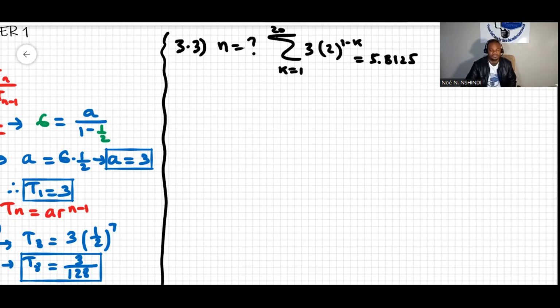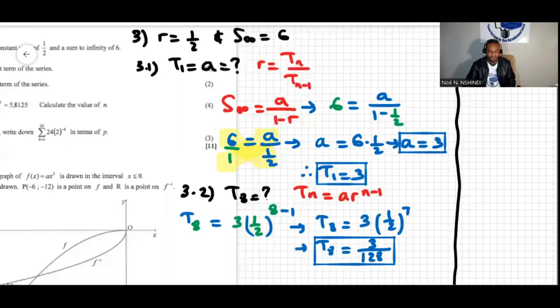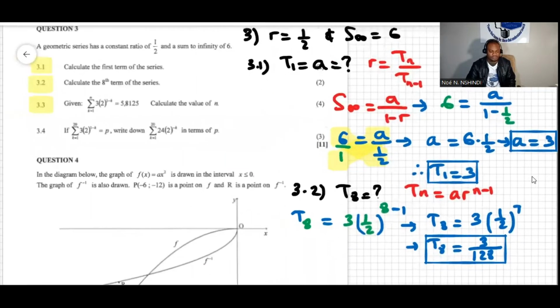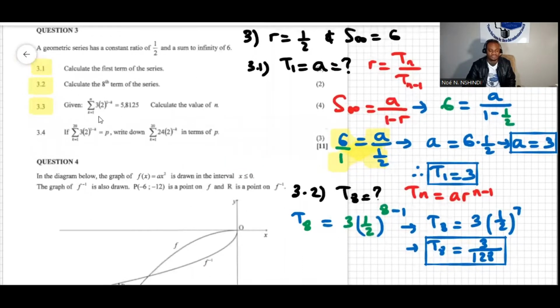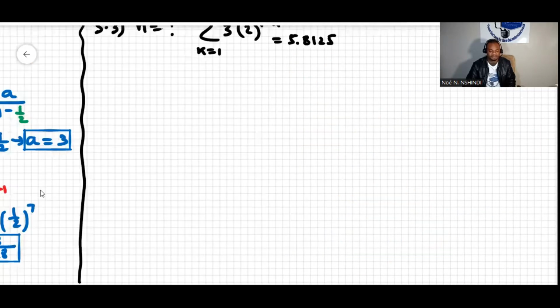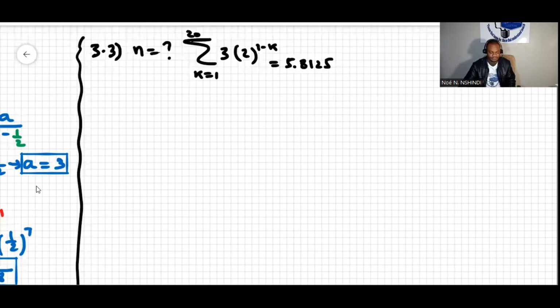So what's the value of n? Let me see if I write everything correctly here. Yes, the sum is from 1 to n, not to 20. I was looking down there. It's 1 to n.